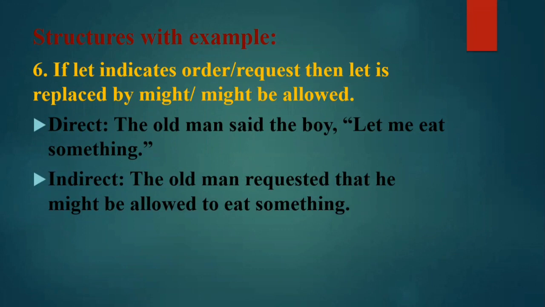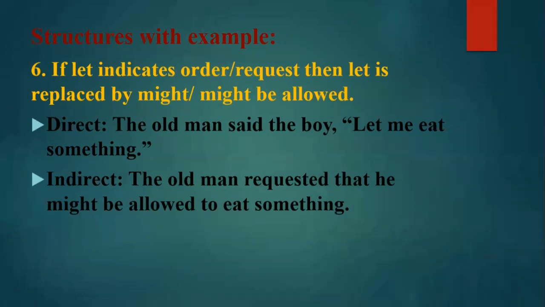Okay, so here, the old man requested, then that, by the same process of the previous rule, then he, and then might be allowed, or you can use might also. Okay, dear learners, so I think you have understood.